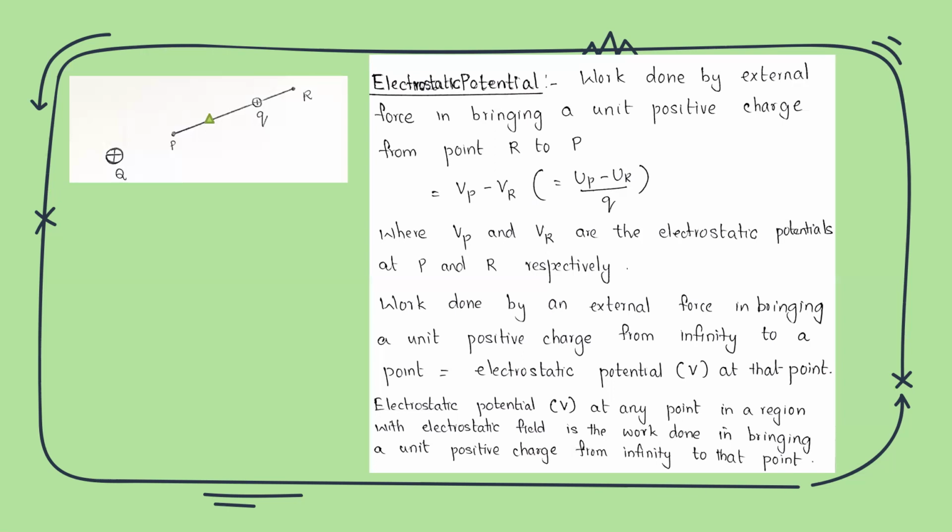Therefore, the work done by the external force in bringing a unit positive charge from infinity to a point is equal to the electrostatic potential at that point. So, electrostatic potential is defined as the work done by an external force in bringing 1 unit positive charge, that is plus 1 coulomb, from infinity to a point in the electric field.